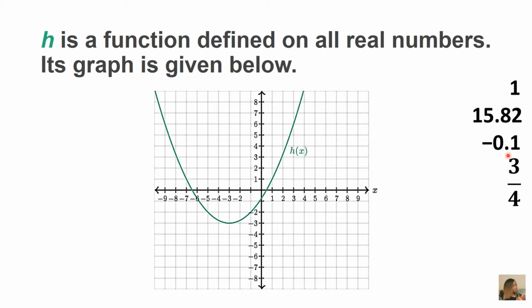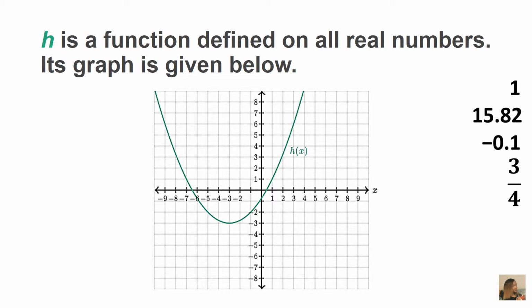All right, so real numbers can be positive or negative, large or small, whole numbers or decimal numbers, and fractions. These are all categories of real numbers.